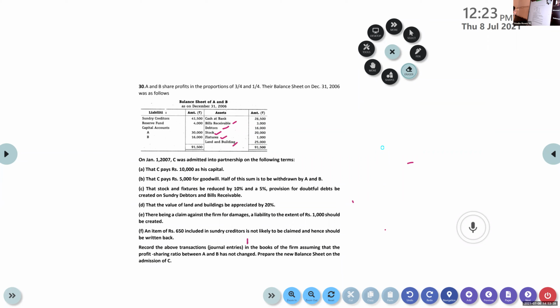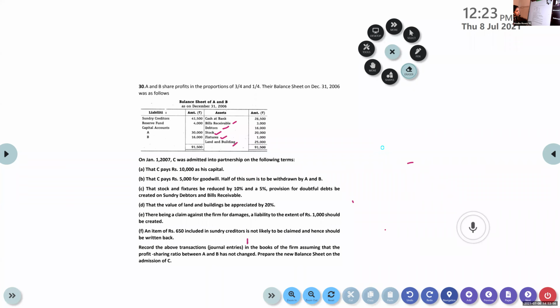So we are going to create a provision 1,000. That is, the liability is increasing. Then an item of rupees 650 included in sundry creditors is not likely to be claimed. So 650 is no more a liability now. So liability increase there. Liability decrease there. Okay, 650 decrease.